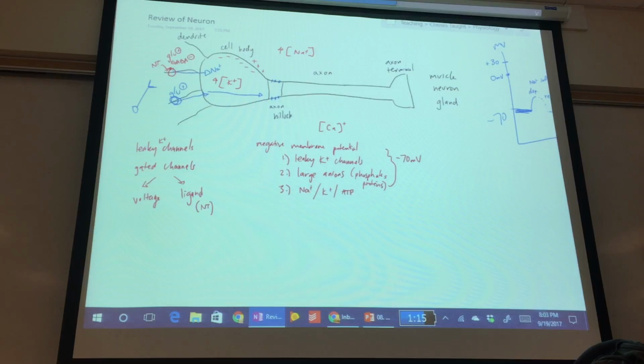What is that additive effect called? Summation. And what two types of summation do I have? Spatial and temporal. This example right here, of sodium coming in at the same time due to our glutamate activating these ligand-gated channels, is this an example of spatial or temporal summation?